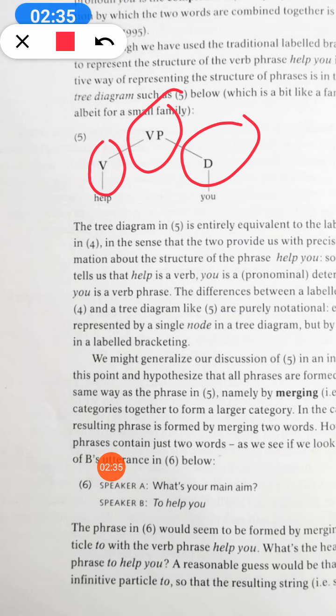So the verb phrase here is the result of combining two elements, a verb plus a determiner. It means that the phrase in English is binary by nature, where we have two elements.